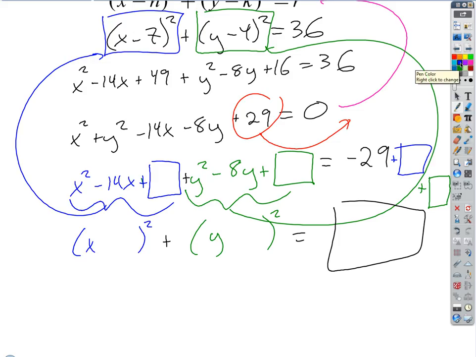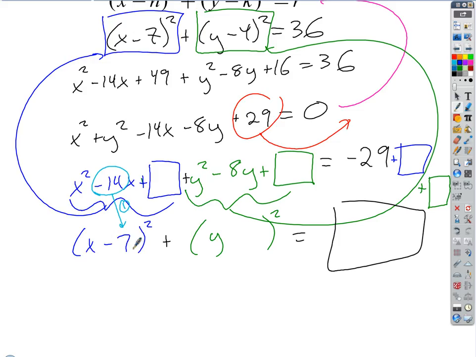Let's work on the blue stuff first. Yeah, so we know the first thing we want to do is, whatever's there, step 1, half of that, right, half of b is what we're going to combine with x in our perfect square factor, right?